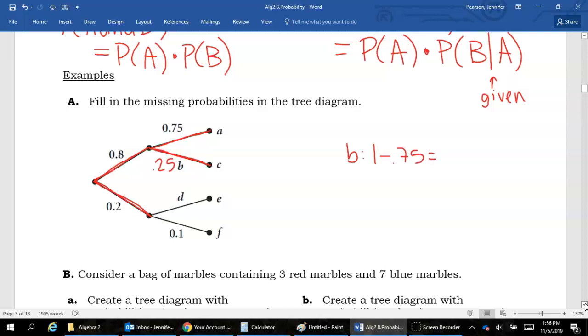Because it's 100%, take away 75%, leaves me with 25%. I can do the same thing for letter D. If I have a 10% chance of something not happening, the chance of that thing happening, again, it's got to make 100% altogether. That would be 90% or 0.9.